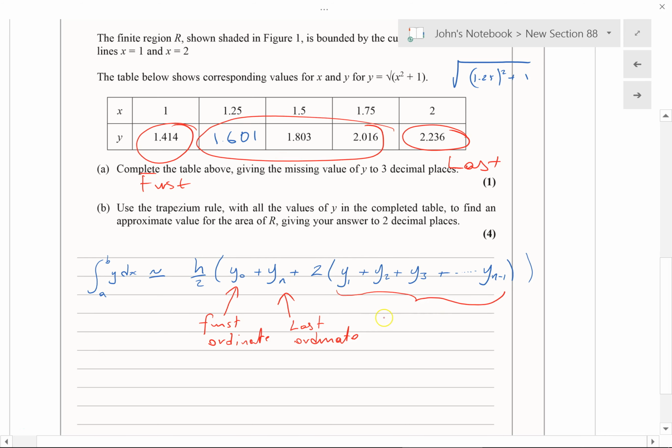So we add the sum of the middle. Okay, and that's how the trapezium rule works. It looks like quite a fancy formula.